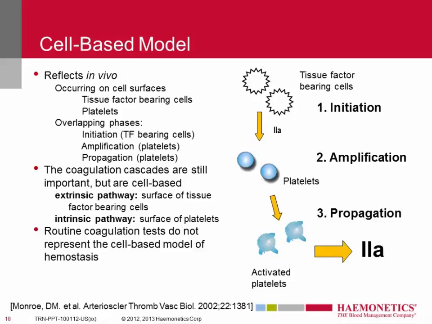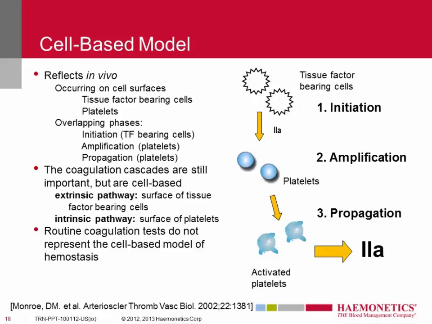It reflects more in vivo, it helps us see what's occurring on the cell surface: tissue factor bearing cells, platelets, overlapping phases, so the initiation on the tissue factor bearing cells, amplification on the platelets, and then the propagation. So when we're looking at platelet aggregation, it's a three-step process. There's the actual activation, amplification, and aggregation. We'll talk a little bit about that as well.